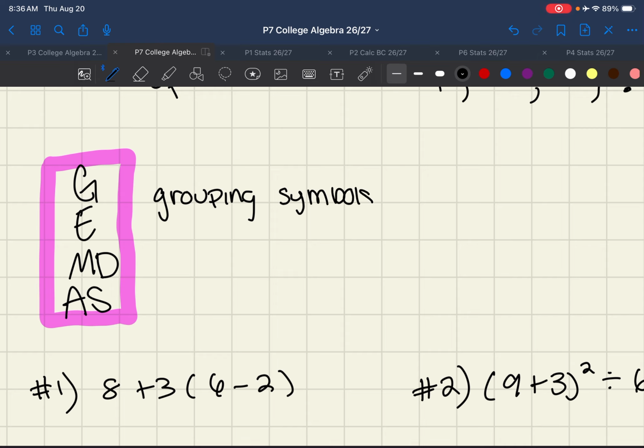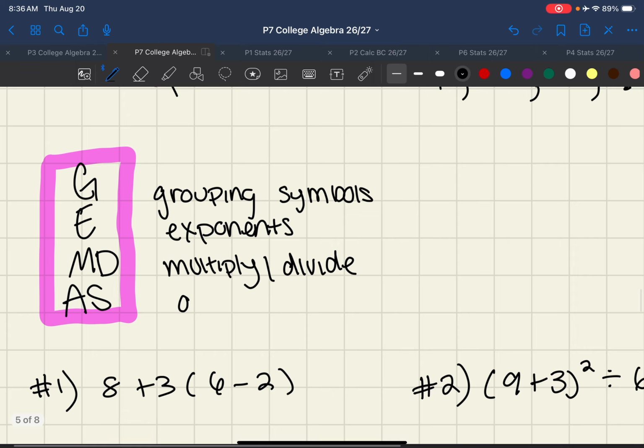And that's going to be all the grouping symbols. So the parentheses, the bracket, curly bracket, and the fraction bar. And then everything else is the same. So E is still exponents. M and D is still multiply and divide. And A and S is still add and subtract.